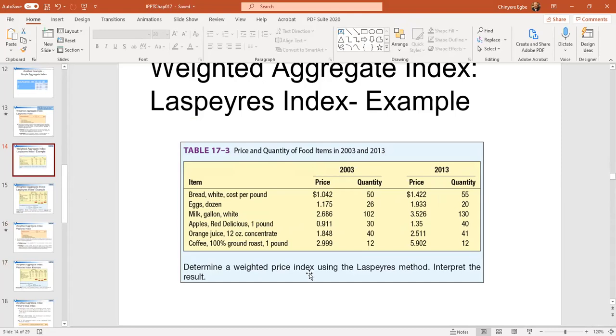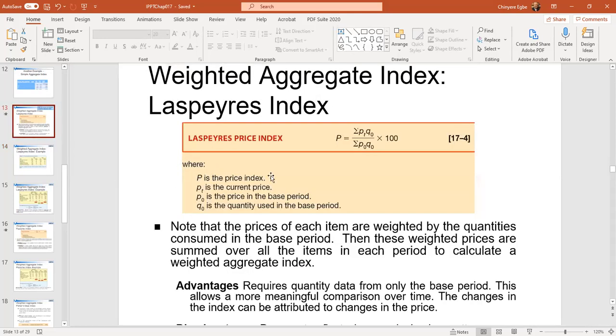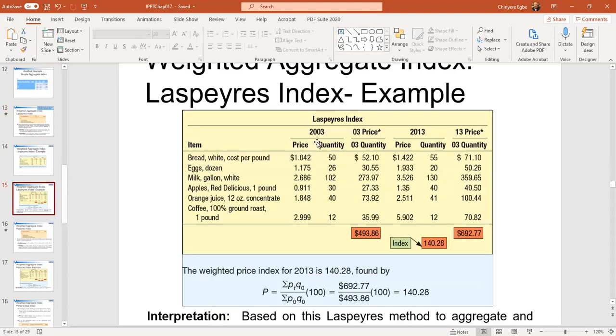Now, how do you determine the weights? You put weights on the prices. So let's look at how we determine the weights. The way you determine the weights is you look at the price that you paid in the next period. For example, we are looking here at 2003 and 2013.